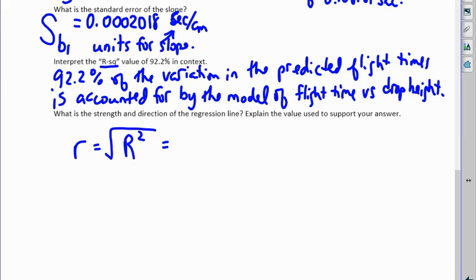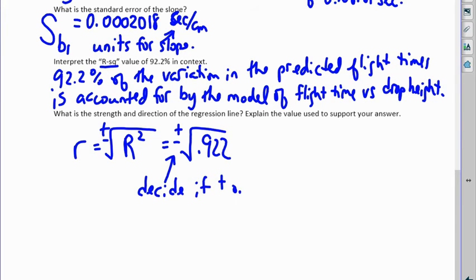And so it's going to be the square root of 0.922. Now, this could have been a positive or a negative. You have to decide if positive or negative. And in this case, because slope is positive, it's positive for this model.